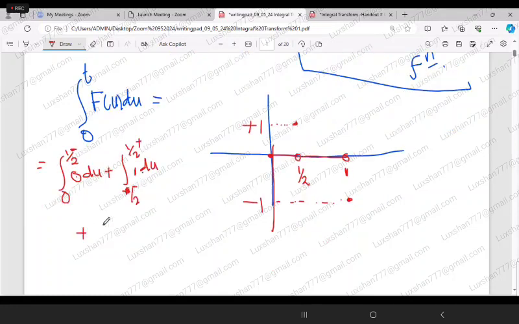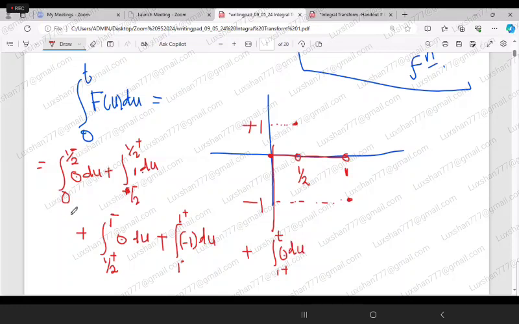Plus half plus to 1 minus, again the function is 0, du. Plus 1 minus to 1 plus, the function is minus 1, du. Plus 1 plus to t, the function is 0.